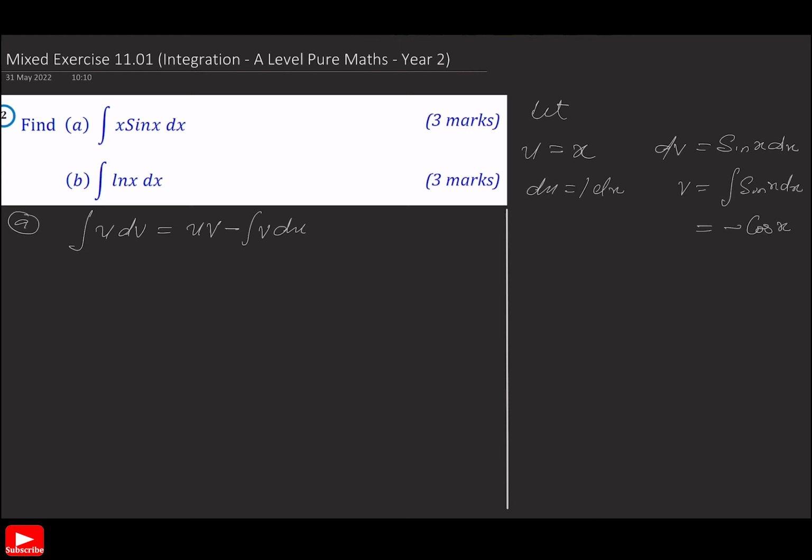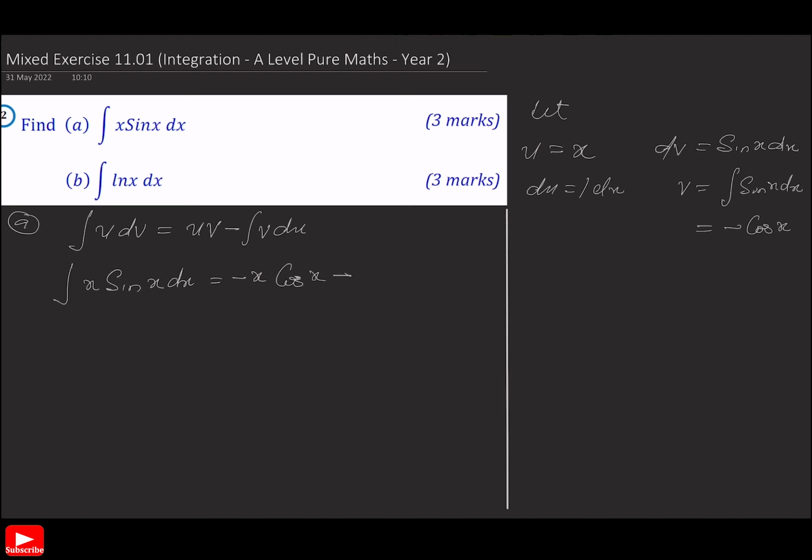So we are now going to replace u with x and dv with sine x dx, which becomes the integration we are looking for. And so the integral of x sine x dx will be equal to u, which is x, and v, which is minus cos x, and we get minus x cos x.